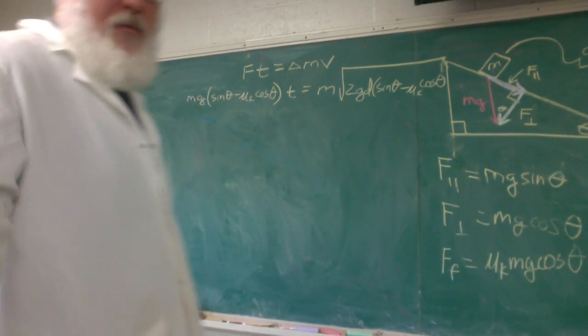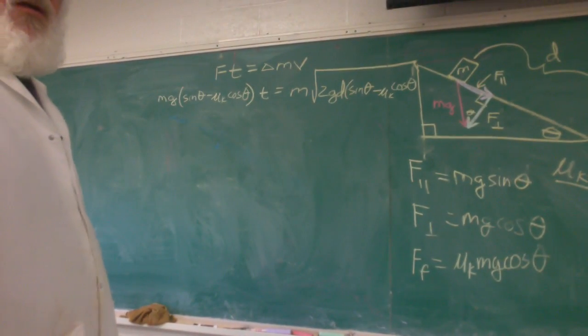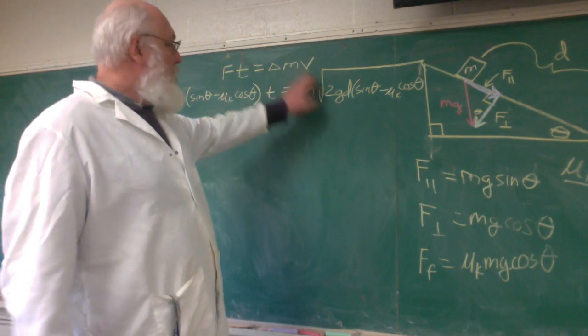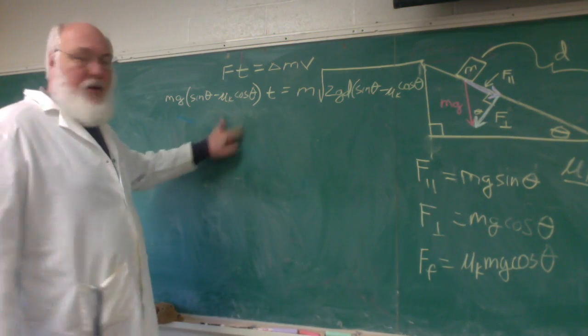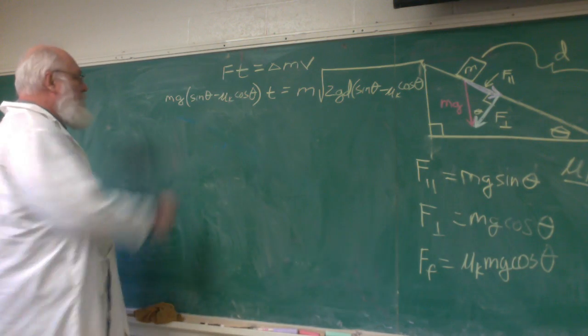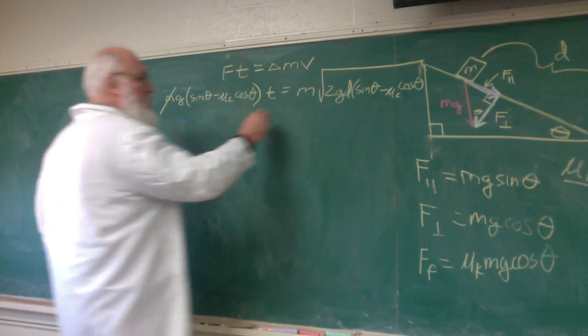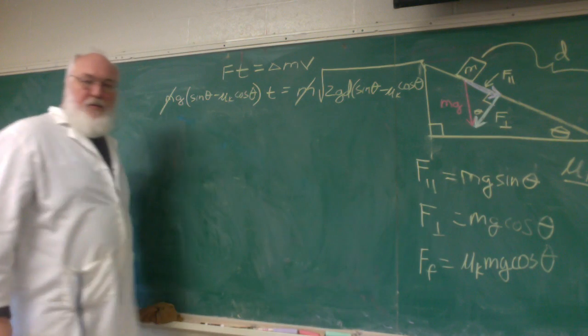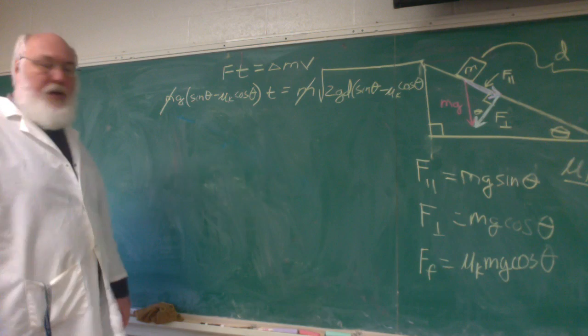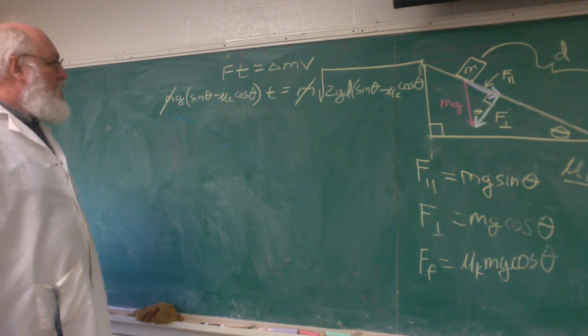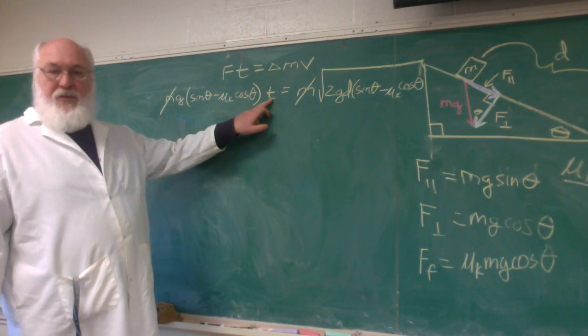And you can see up on the screen now that this is the relationship for v. And again, when we look at this, we see that m disappears. It's not really relevant in how long it takes the object to go down the inclined plane, as we said before. So let's just solve this for t.